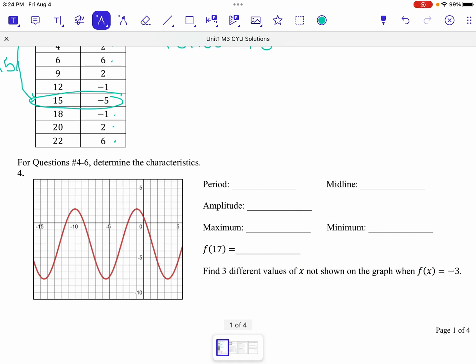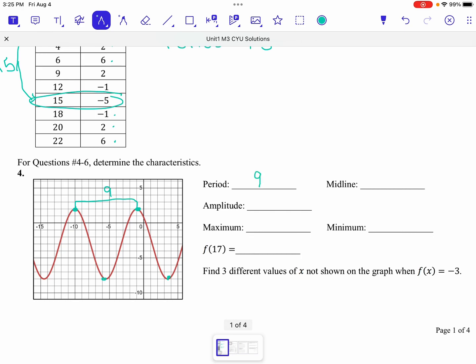So this graph's pretty straightforward. Again, you might want to look at high points or low points to answer some of these questions. Those are helpful values, especially when dealing with the period. So I'll notice this period goes from -10 all the way to -1, so that would be a distance of 9.